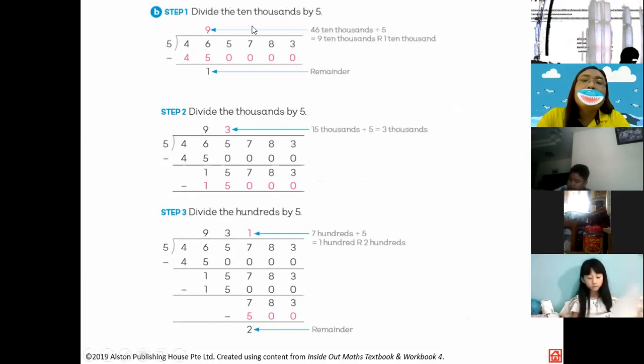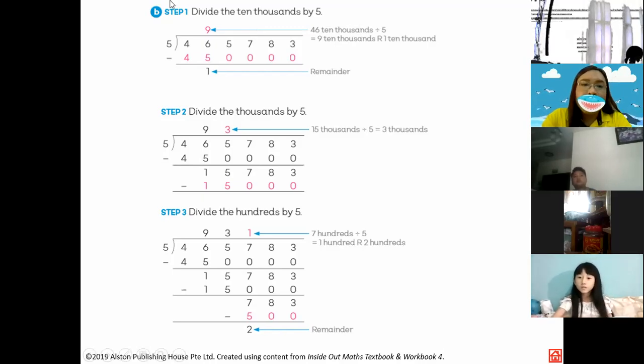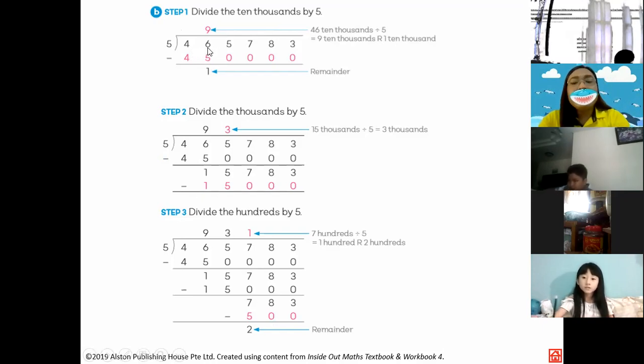For letter B, we're still in example number 4. Divide 465,783 by 5, starting with the ten thousands. As usual, we first divide the number in the ten thousands place, which is 46. So 46 divided by 5 is 9.